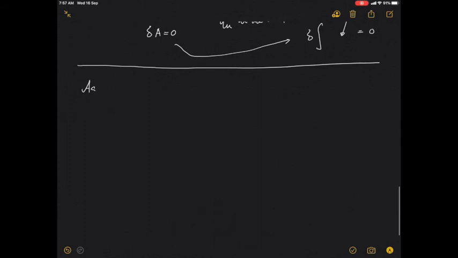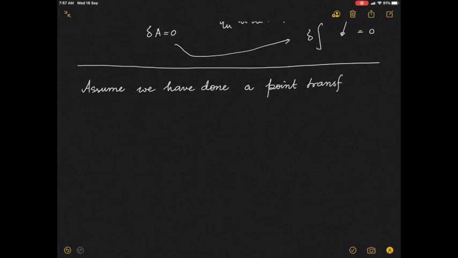Now, assume we have done a point transformation. This for the time being is fantasy.